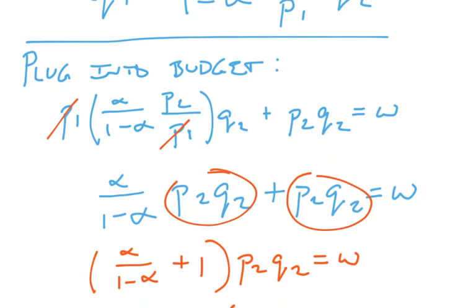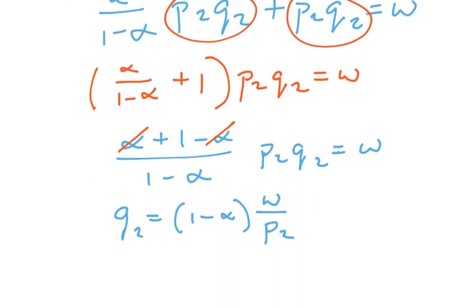And now if you jump back here and you look at our quantity Q2, how much our consumer should buy of good 2, well, that exponent 1 minus alpha comes back, and so does the price of good 2, which is P2. So it sort of makes sense that the quantity you should purchase of product 2 should only depend on how much you value product 2, which is given by this utility exponent 1 minus alpha, and how much good 2 actually costs.